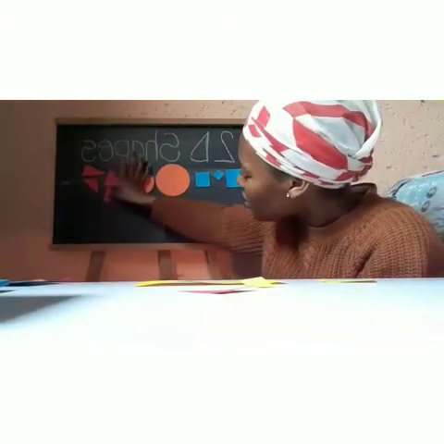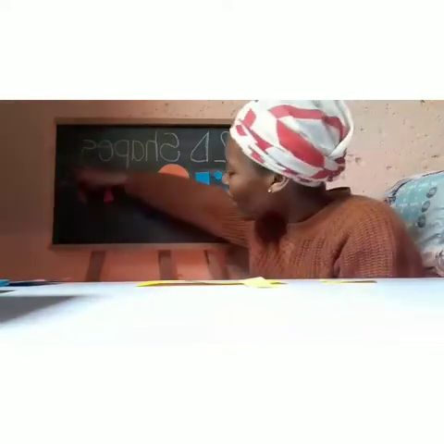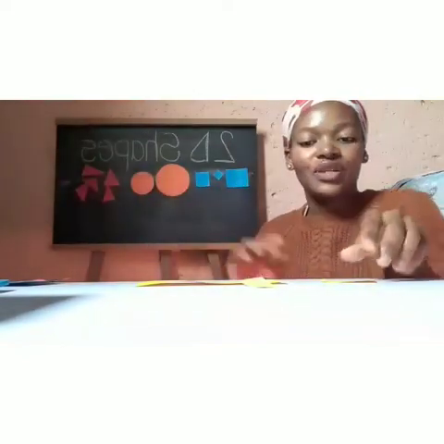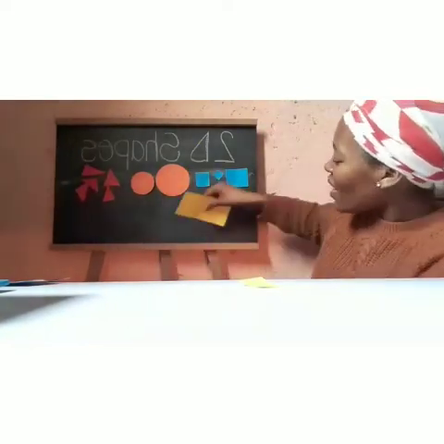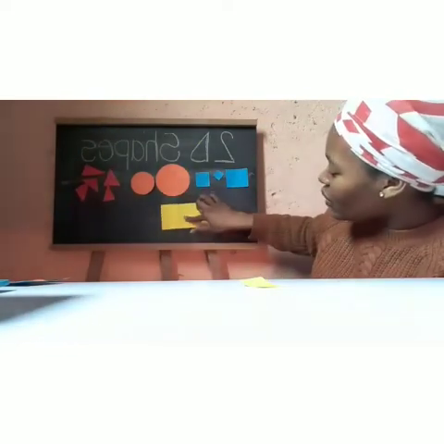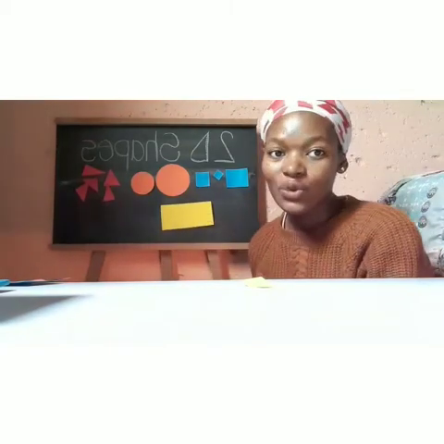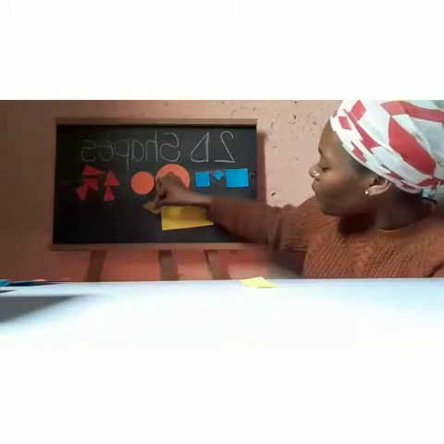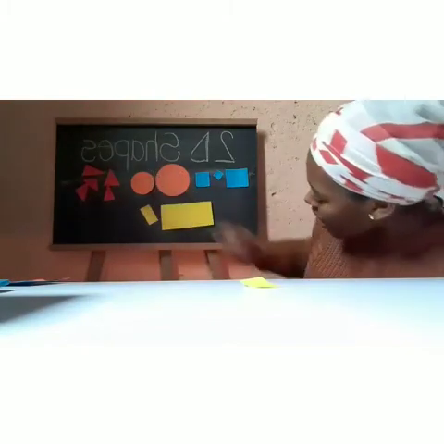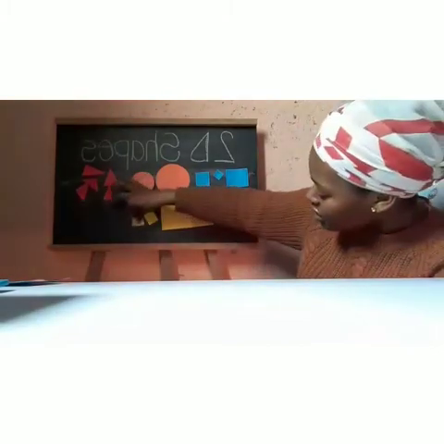Can you see that they are so different? They are different, but they are still triangles. We have this triangle. Okay, so let's move on to the rectangles. So we have our regular rectangle that we all know, that is similar to the one that I used to measure. We have another form of a rectangle. Let's put it. I hope you guys understand.